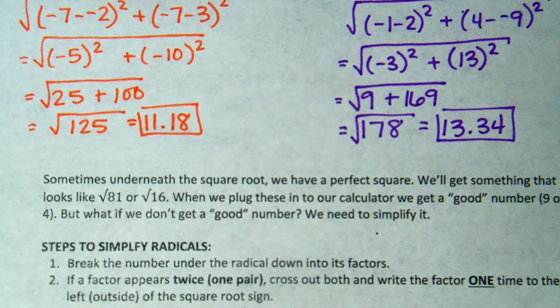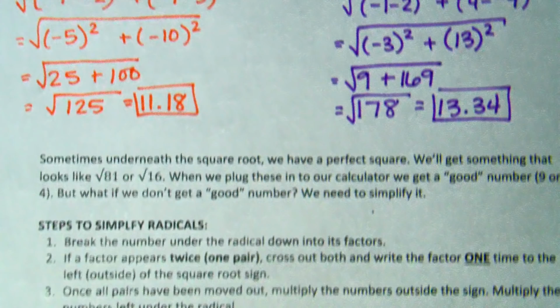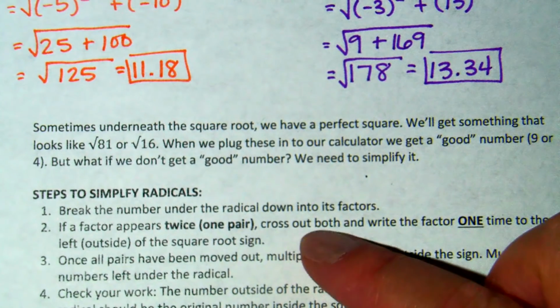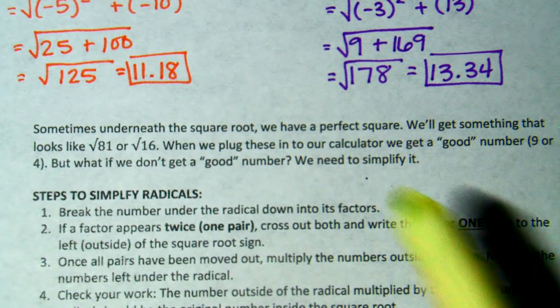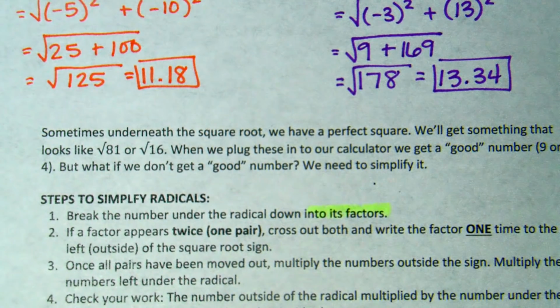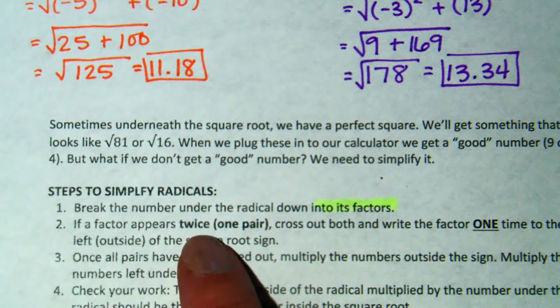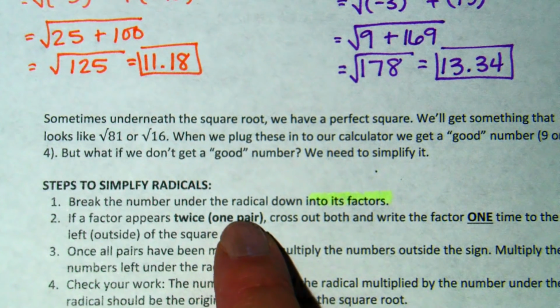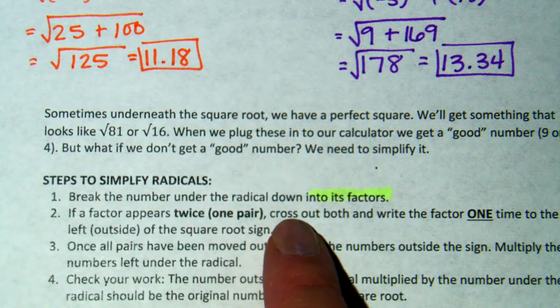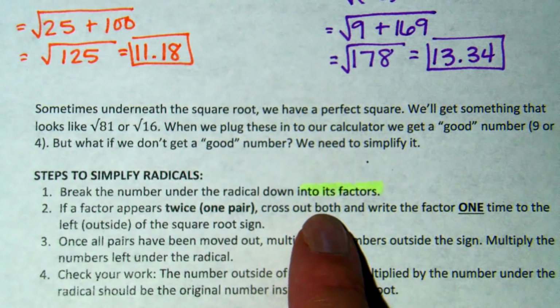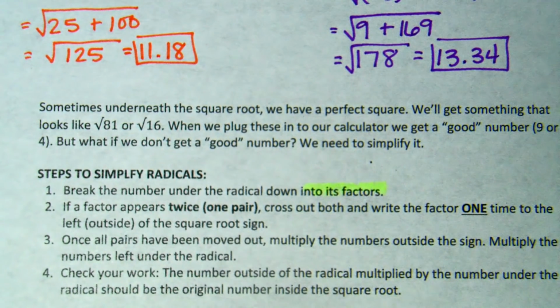So step one is to take the number under the radical and break it down into its factors. We're looking for all the numbers that multiply to equal that specific number. If a factor appears twice, so if we have one pair, we cross out the pair and write the factor one time outside of the square root sign.